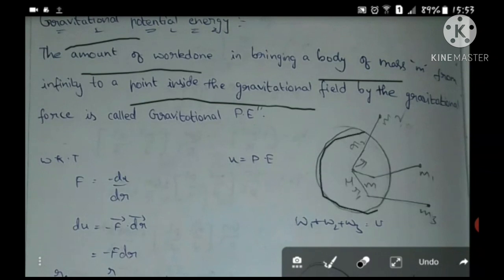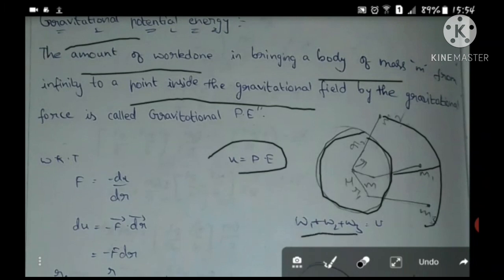Here it is the gravitational field. Here these are the points at infinity. Here these are brought inside the gravitational field by the gravitational force. Therefore here U is equal to potential energy.